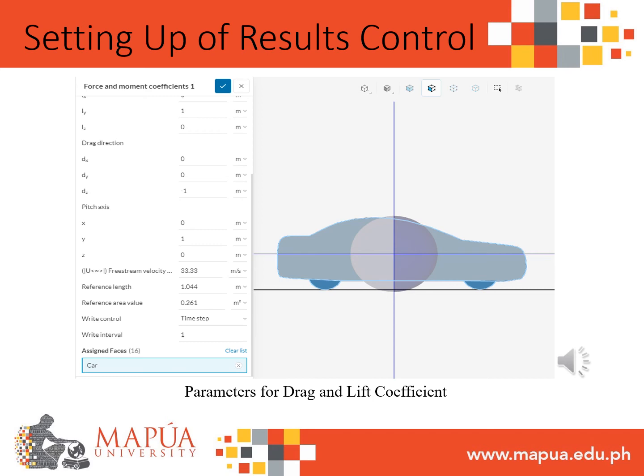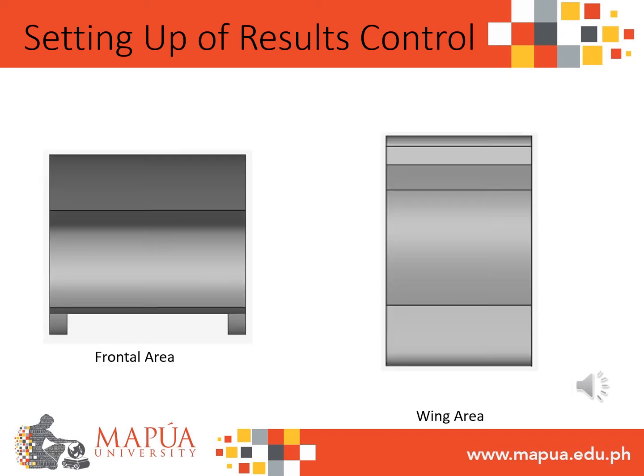The drag and lift coefficient will have the same free stream velocity and reference length, but they will have a different reference area value. For the drag coefficient, we will use the frontal area as our reference area, while to solve for lift coefficient, we will use the wing area as our reference area.